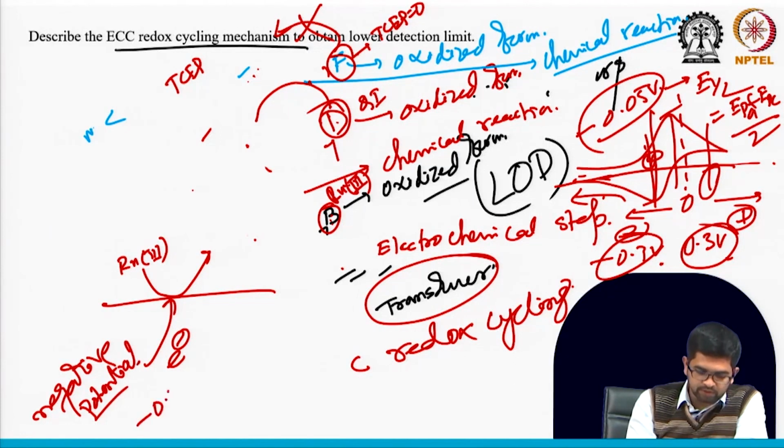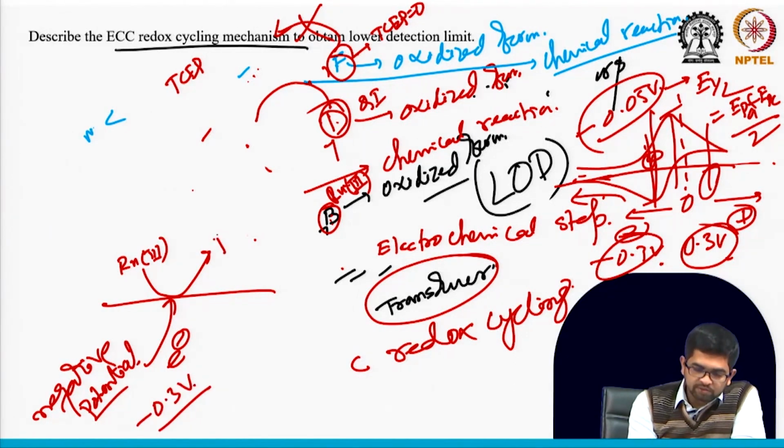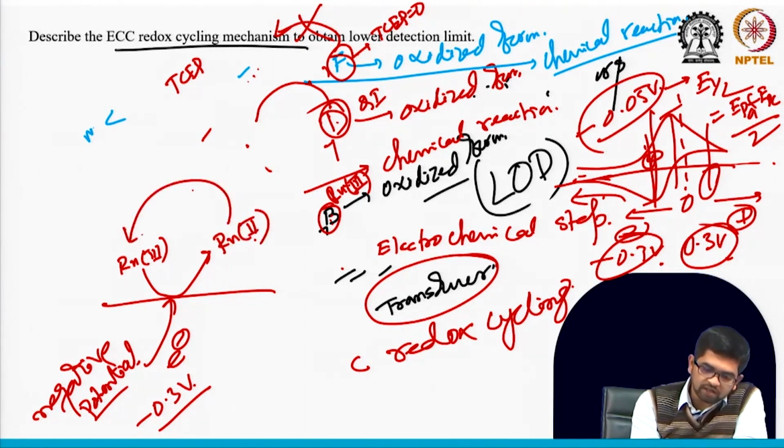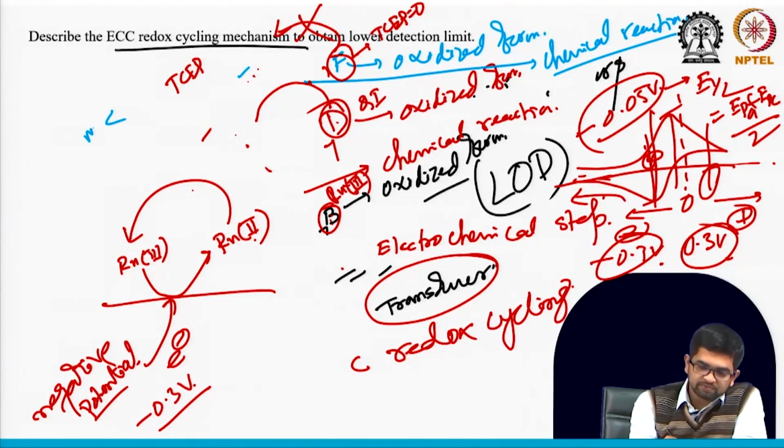Suppose you are applying minus 0.3 volt. So ruthenium 3 will form ruthenium 2. So you have to oxidize ruthenium 2 to ruthenium 3 now, right? You can remember I taught you already that it can be oxidized in the presence of methylene blue.